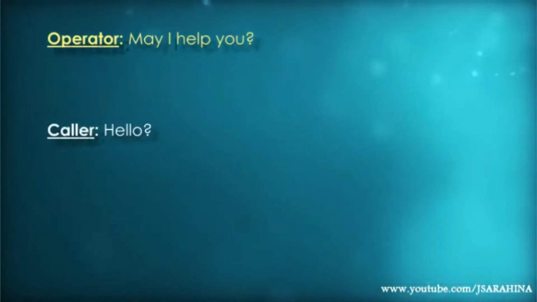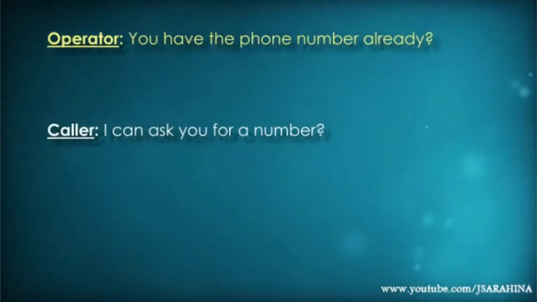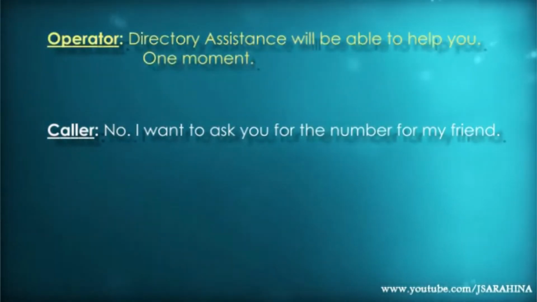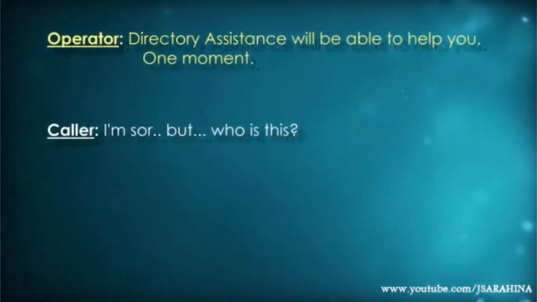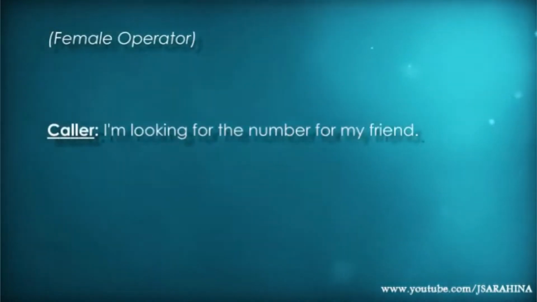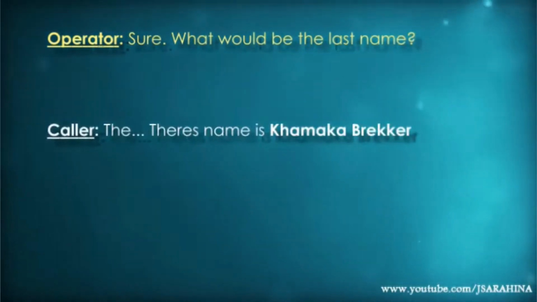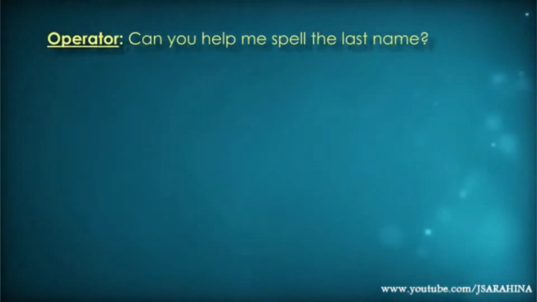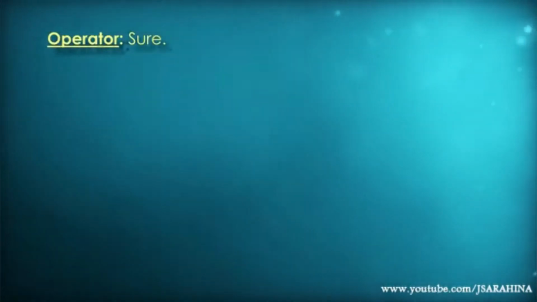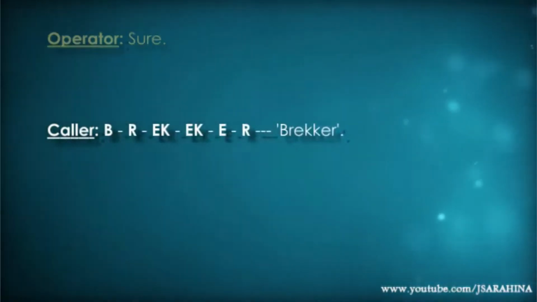Can I help you? Hello? Hello? I can ask you for a number? Do you have the phone number already? No, I want to ask you for the number for my friend. Alright, directory assistants will be able to help you. One moment. Who is this? What listing? I'm looking for the number for my friend. Sure, what would be the last name? His name is Chaimot Gebrecher. Can you help me spell the last name? Okay, you want to start? I should start. Sure. I should start. B-R-E-H-H-E-R, Brecher.